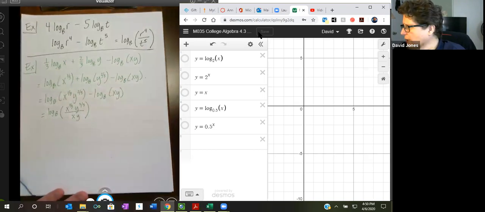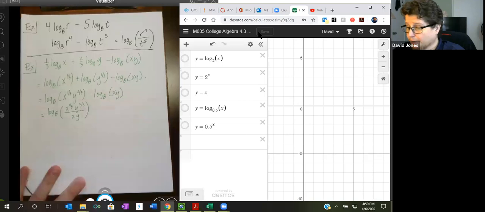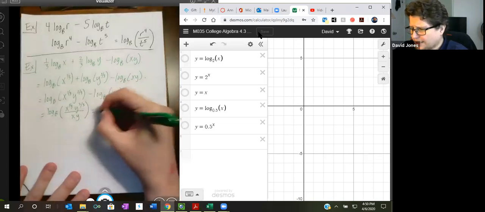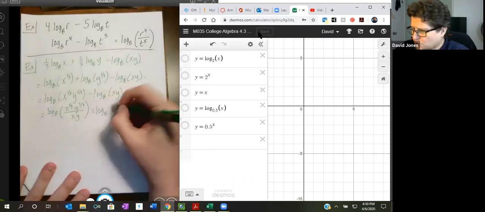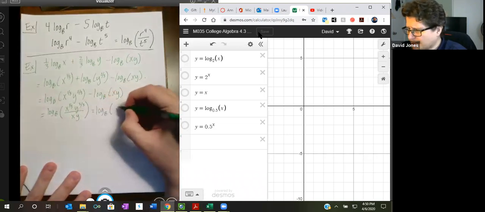Now I've got them all as one big log, but it's not simplified. I have x's and y's on top. So one handy way of doing this is rewrite everything on bottom as a negative exponent.